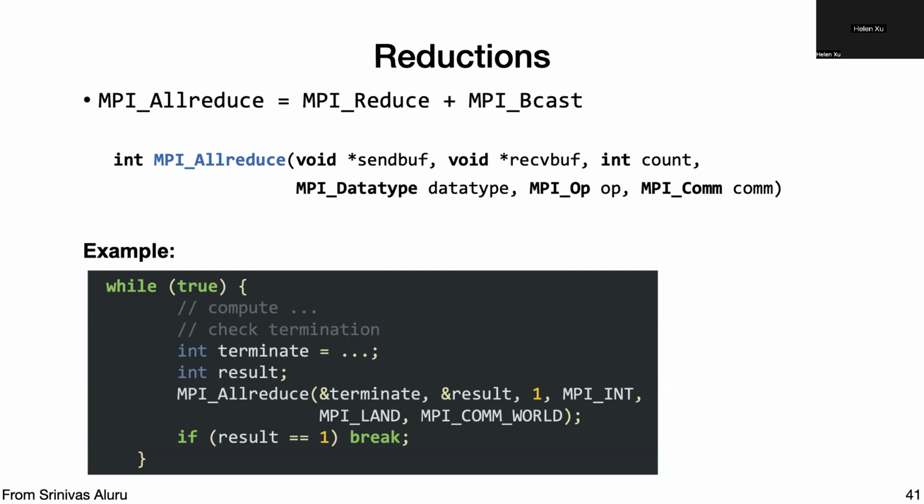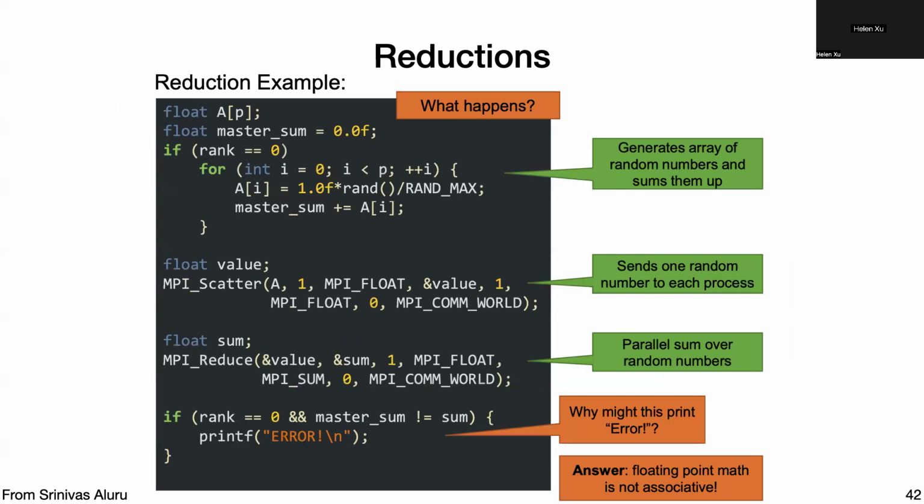And this is just an example, like if this is the termination condition 1 or 0, and you all reduce the termination condition, and then you check if anybody has terminated, then you finish.